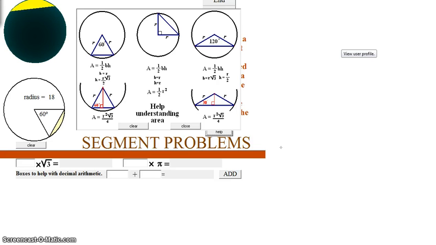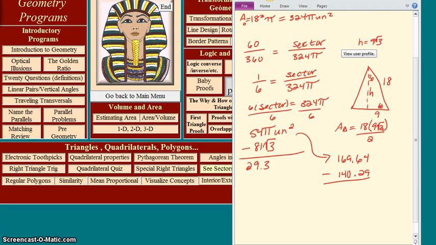Height is the radius times the square root of 3 divided by 2. Oh, they're doing the area of this. Yeah, so all that makes sense.